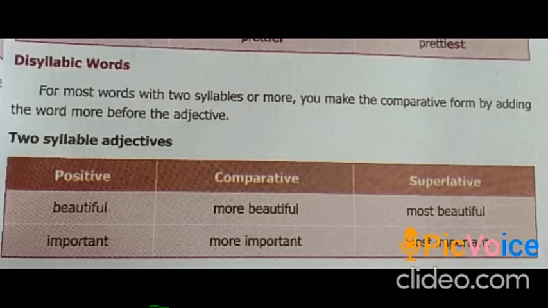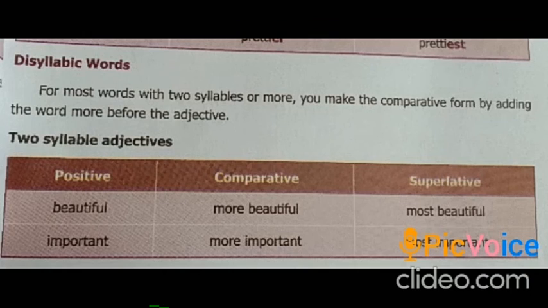For most words with two syllables or more, you make the comparative form by adding the word more before the adjective. These are disyllabic words given here. See the first one, beautiful. So double syllable is disyllable.